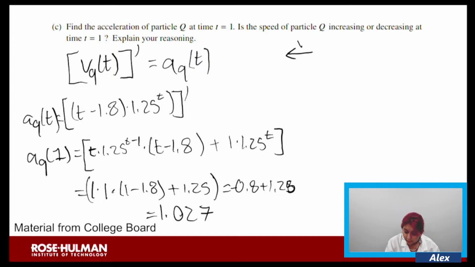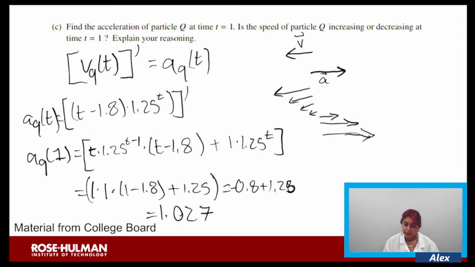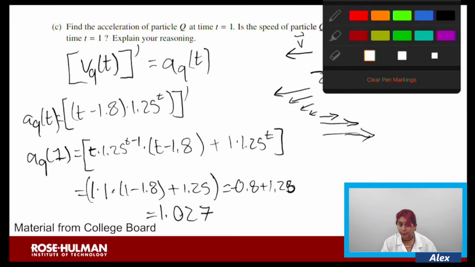If our velocity vector is going in the negative direction, but our acceleration vector is going in the positive direction, that means that over time, our velocity vector gets smaller and smaller and smaller until it begins to increase in the positive direction. So our speed at time 1 is actually decreasing because our velocity and acceleration have opposite signs.